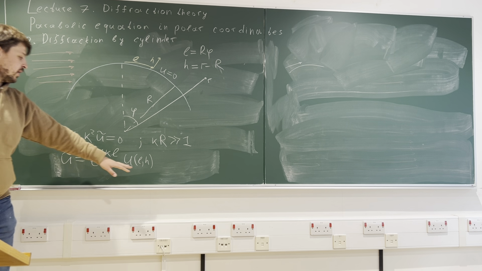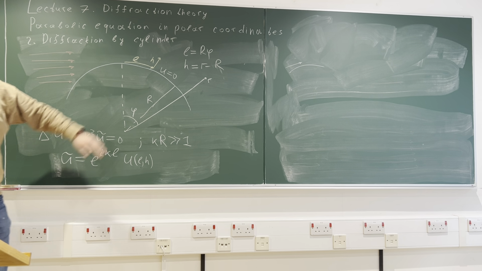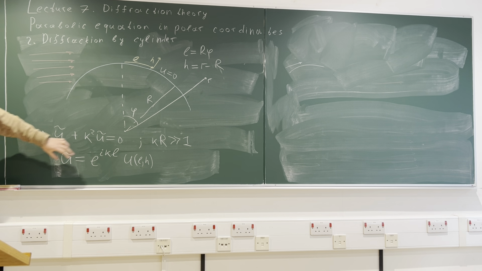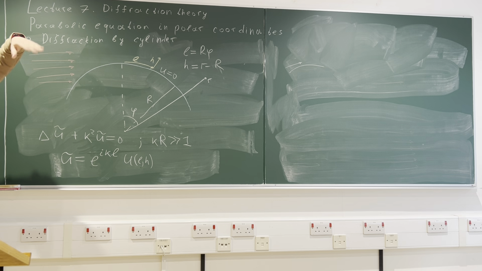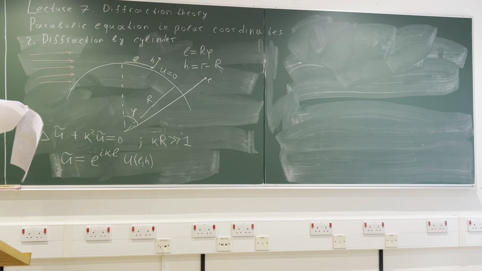And then I will use the following results. So these are my new variables in L, H, and what I do, I suppose that all the rapid wave oscillation happens along the surface of the cylinder, and it definitely should work for very big R. Okay, R, I want to be dimensionless.